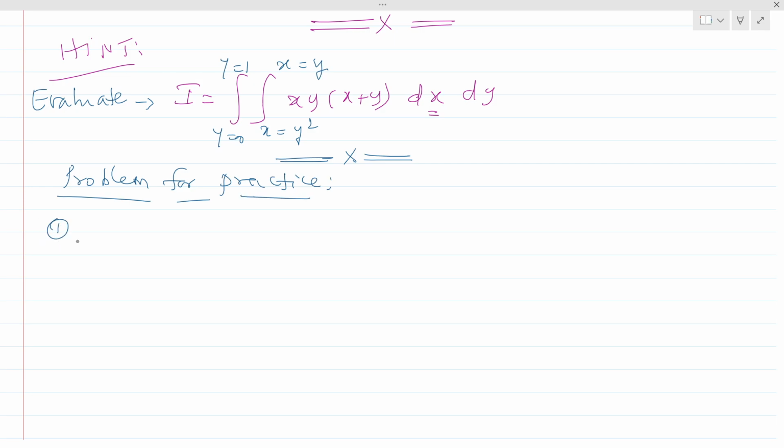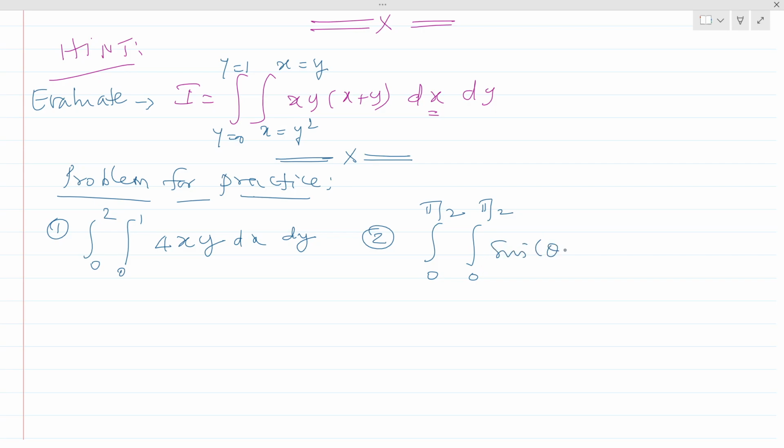First problem, integral over 0 to 2, integral over 0 to 1, 4xy dx dy. Second problem, integral over 0 to pi by 2, integral over 0 to pi by 2, sin(theta plus phi) d theta d phi.